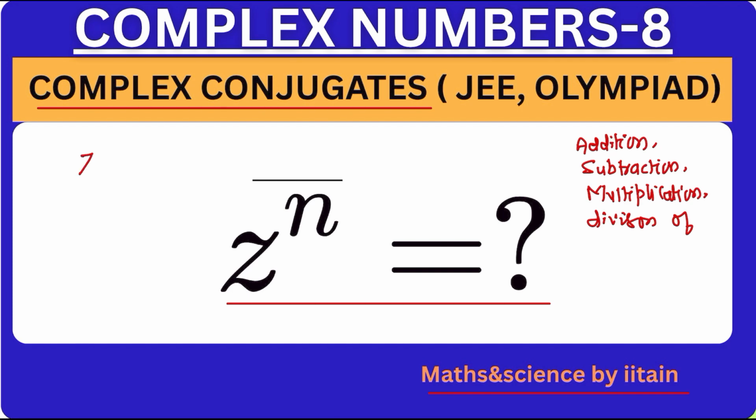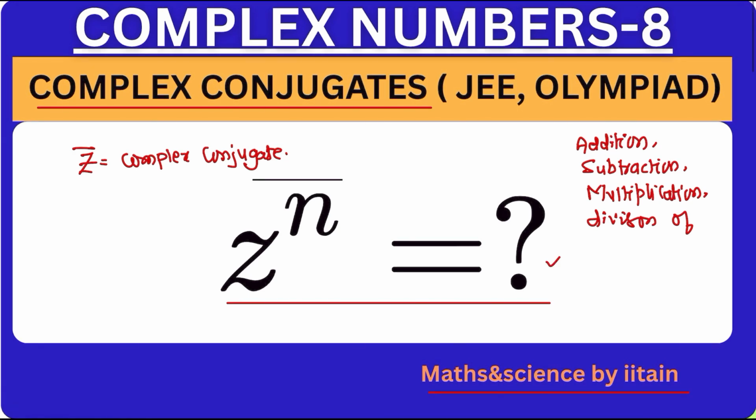What is Z bar? Z bar is equal to the complex conjugate. Once we know what is Z bar, then we have to find out what is Z to the power of n bar. We will be calculating that.